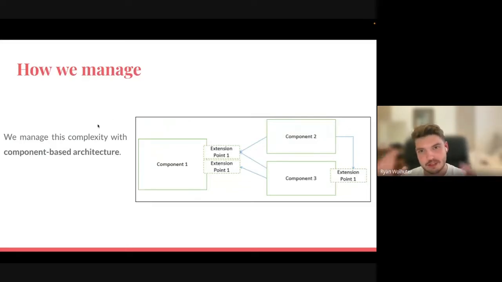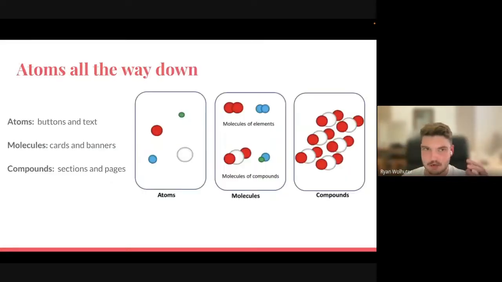And so the way that software developers in general manage this kind of complexity is we use something called component-based architecture, where, and I'm sure most of you have seen diagrams like this before, you essentially have parts that are composed of smaller parts and so on all the way down.